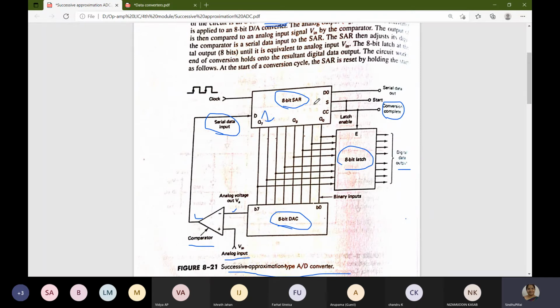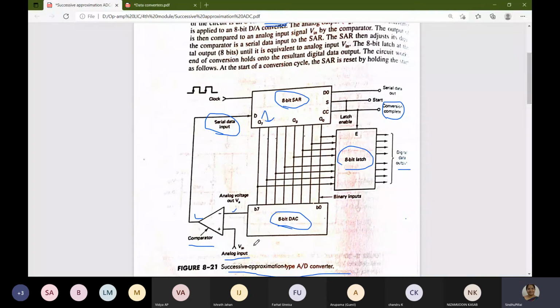So the heart of this ADC is this 8-bit register, where the conversion starts with setting the Q7 bit. Whenever the Q7 bit is set, those bits are converted to analog.